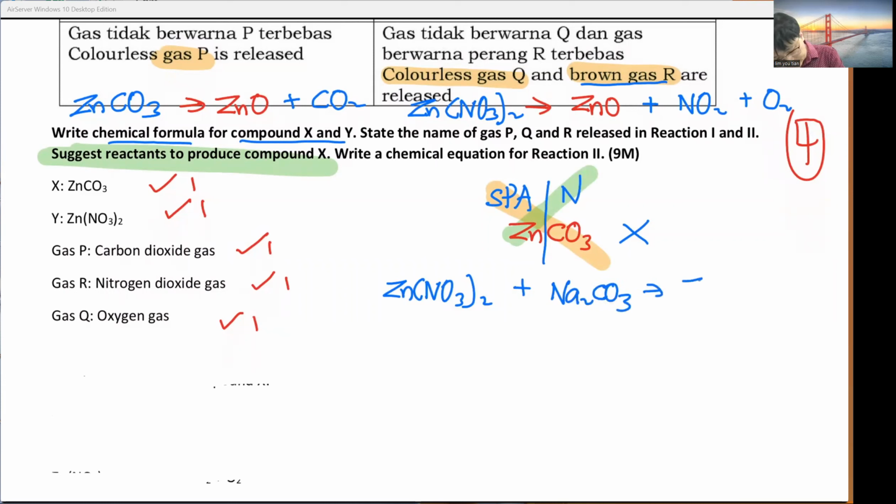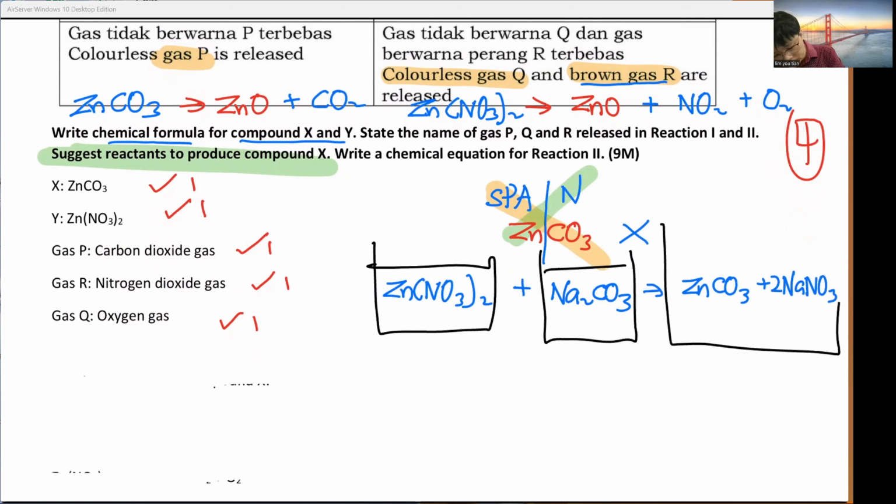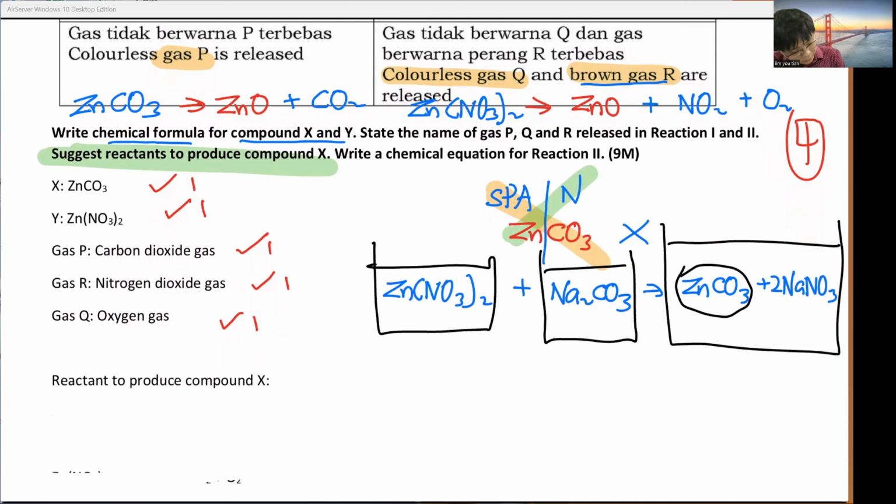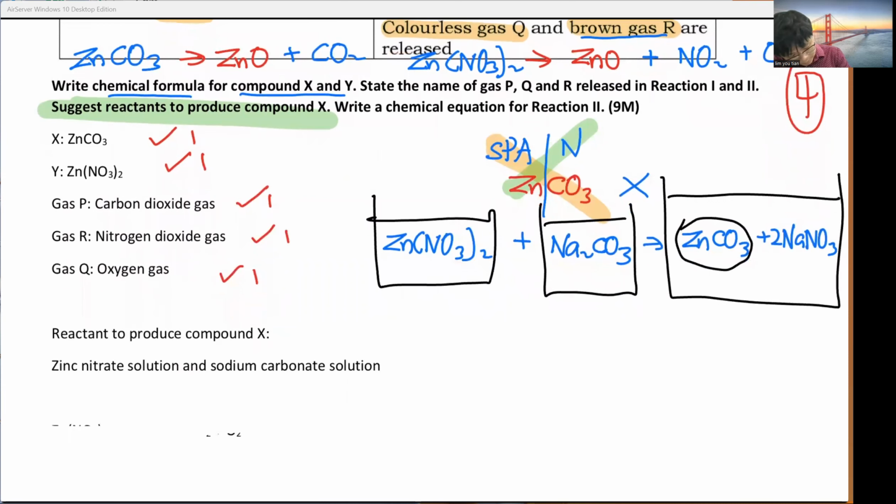Then you'll get your zinc carbonate plus sodium nitrate. So you can see here are two solutions. You pour them together. Then you'll get this one. So here 2 marks.